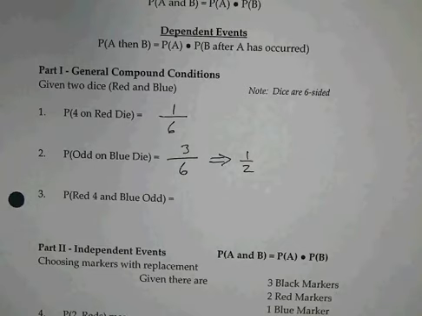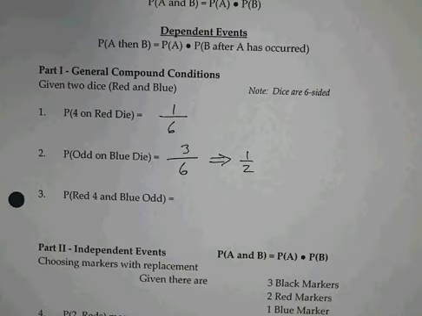First of all, what's the chance you're going to get a red 4? Only how many times? Only 1 out of 6 times am I going to get a red 4. So I got to roll that red die 6 times to get a red 4. Now, on the one time I get a red 4, I'm hoping to roll the blue die and get what? An odd.